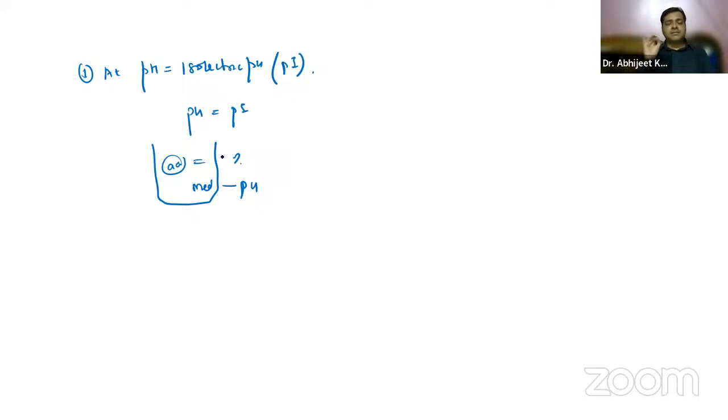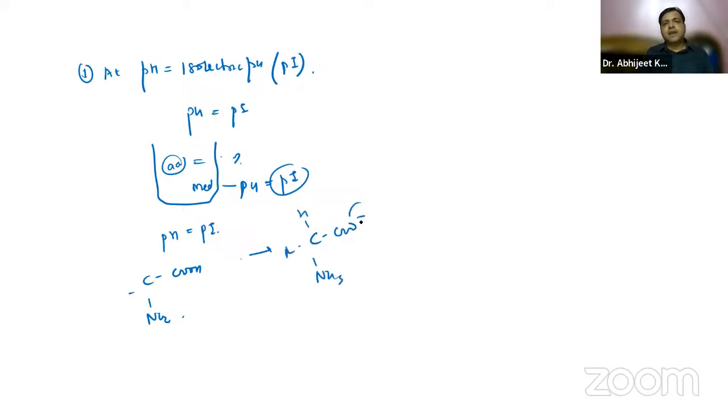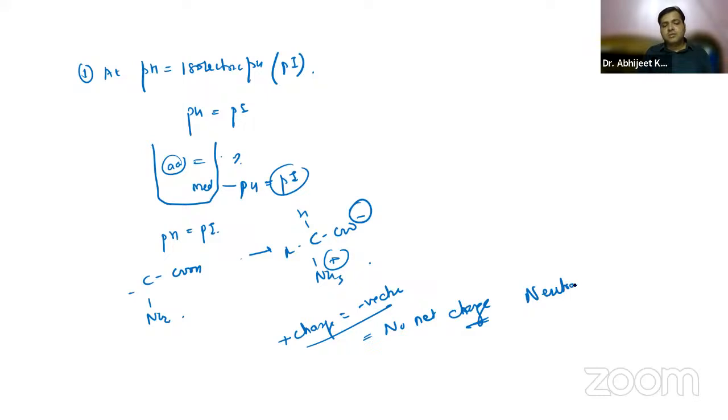For every amino acid, there is a point called the isoelectric point, right? Now here, if pH is equal to PI, it changes into the polarized state, so we have negative and positive charges. If the positive charge is equal to the negative charge, then there is no net charge, no net flow over here. So this is called neutral charge, or it is also called Zwitter ion.